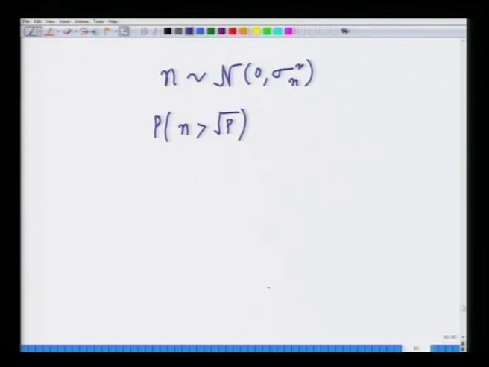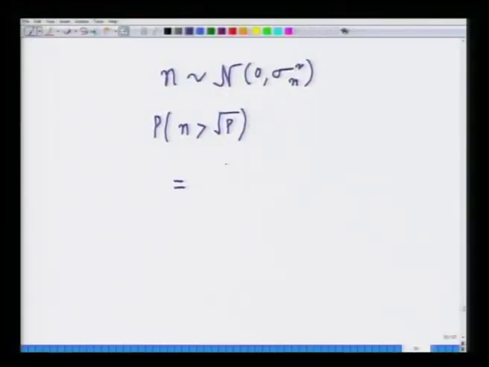This is simply the probability density function of n integrated between the limits square root of p and infinity, and this probability density function is Gaussian, which we have seen many times so far.